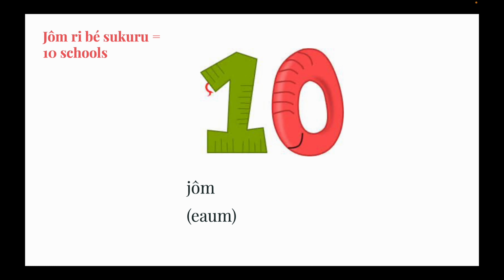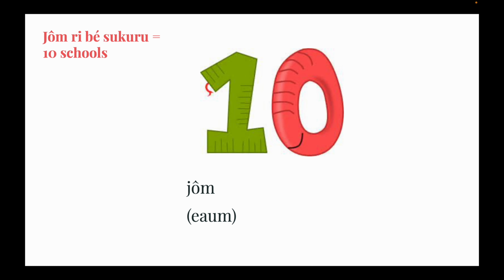Number 10 in Bassa'a is jom. If we want to say 10 schools, you would not just say jom sukuru. You would have to add the ribe, because that ribe is almost like it's saying that you have 10th.